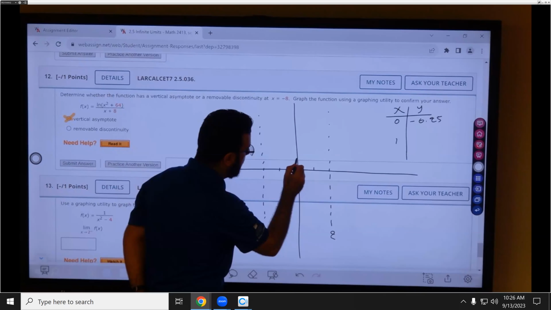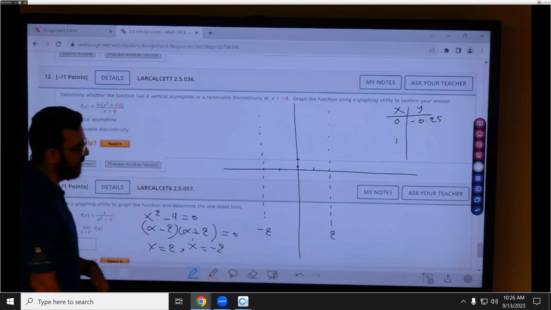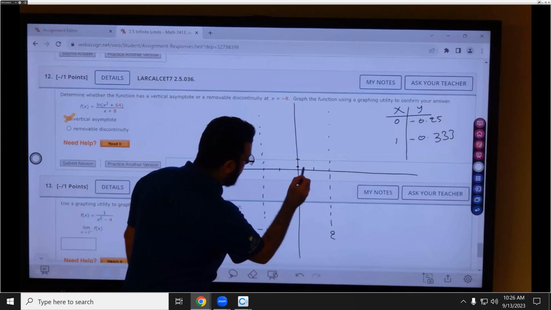Next one is 1. Here it is going to be 1 minus 4, which is negative 3. 1 divided by negative 3 is negative 0.333. Keep going. That means it's going where?